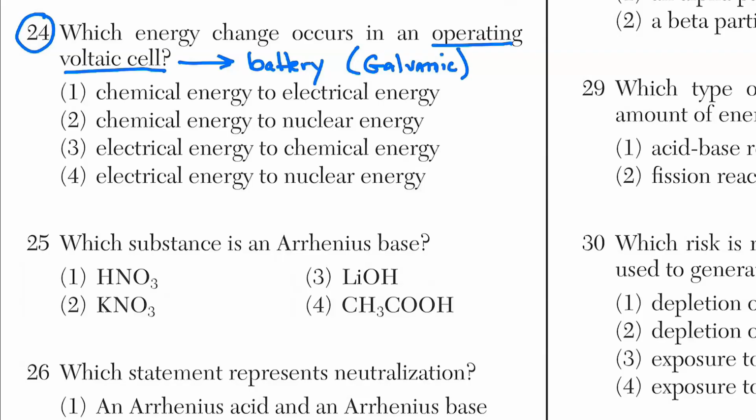And what do we do with batteries? We take chemicals that will react spontaneously, and they're going to make electricity. Isn't that what a battery does? You put chemicals together and you make electricity.